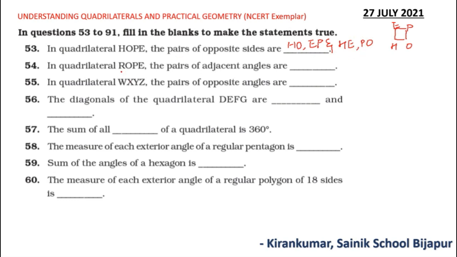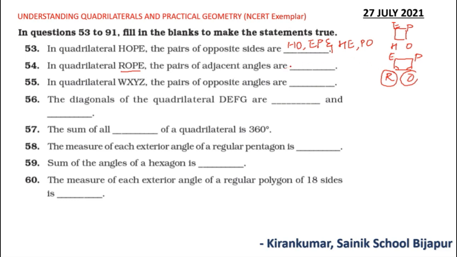In quadrilateral ROPE, the pairs of adjacent angles are? If I consider the quadrilateral ROPE, angle R and angle O are adjacent to each other. O and P are adjacent, P and E are adjacent, E and R are adjacent.